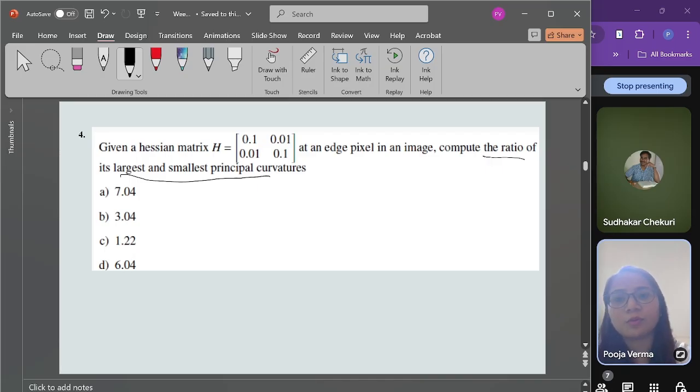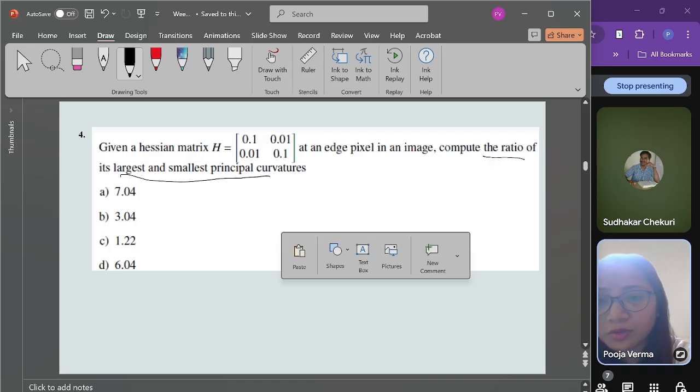This is a symmetric matrix because these values are equal, right? So if it is a symmetric Hessian matrix, we can directly calculate it.